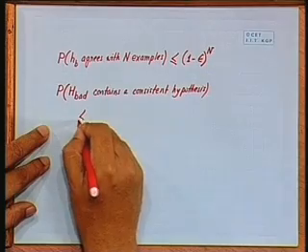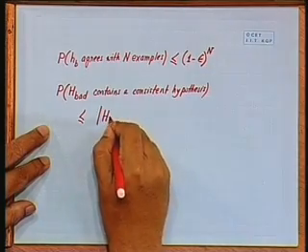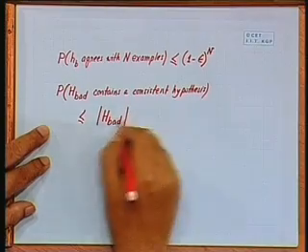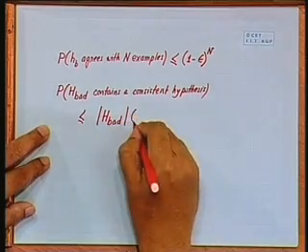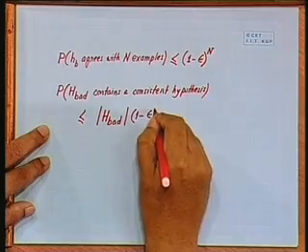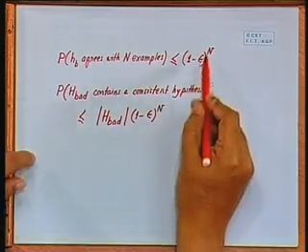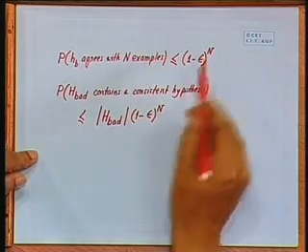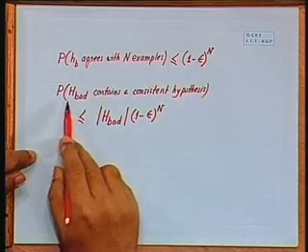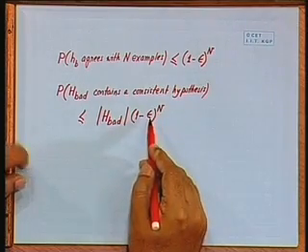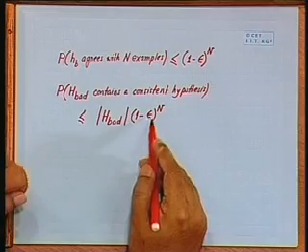So, it is less than or equal to the cardinality of the H bad set times (1 minus epsilon) to the power of n, because if one hypothesis has this probability, then if we take the total set, it is the cardinality of that set times this, right.